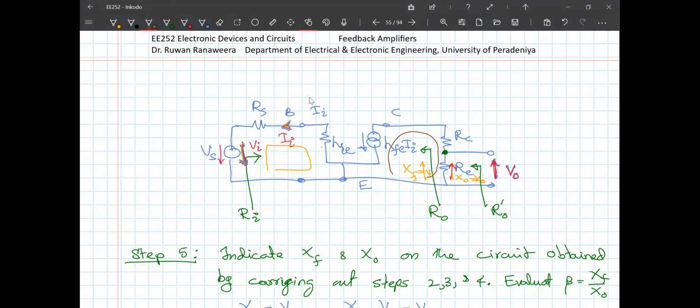Now I have to change the direction of I because this current is in this way. I have to mark it in this direction, so the current is flowing like that. So this is my I out like that.